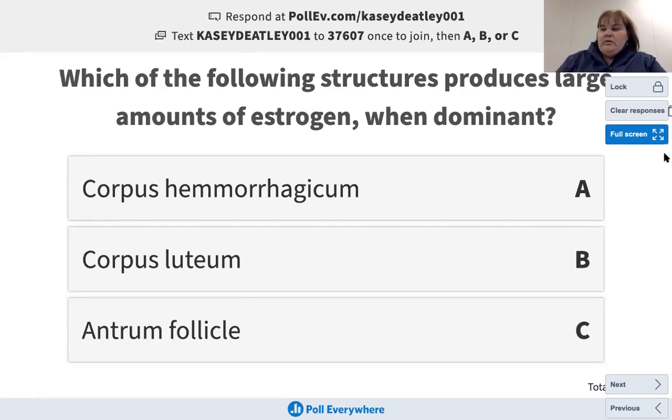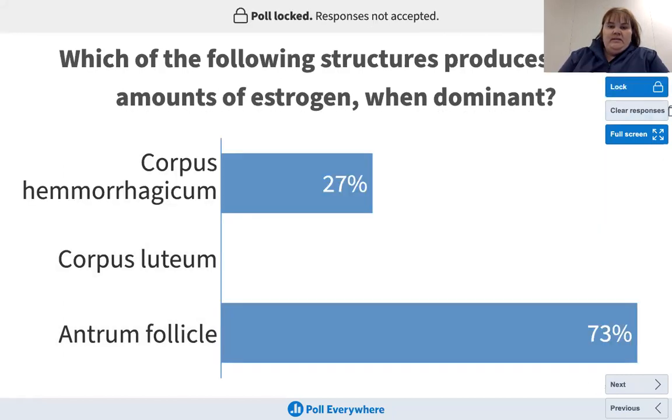It's about 20 more seconds. Okay, let's get those answers submitted if you haven't done so already. We'll go ahead and lock in the responses and let's look at where we're at.